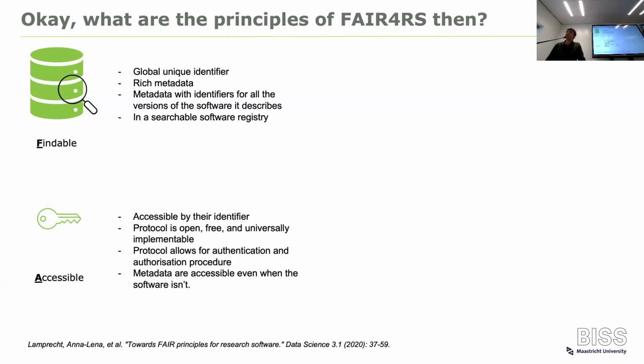Isn't that a unique identifier in itself? Well, not technically, right? So that doesn't give away much information. When we talk about a unique identifier, it's stored somewhere and you can just call that. But then you're referring to now a URL or a name, which is not really unique. And then does it have enough metadata? And does the metadata contain all these identifiers and versions of the software it describes? Is it in a searchable software registry and so on, right?